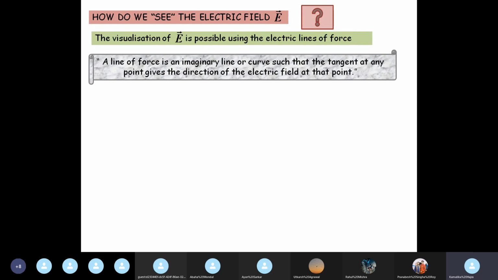This is exactly the definition that you will write if you are asked to define an electric line of force. A line of force is an imaginary line or curve such that the tangent at any point gives the direction of the electric field at that point.